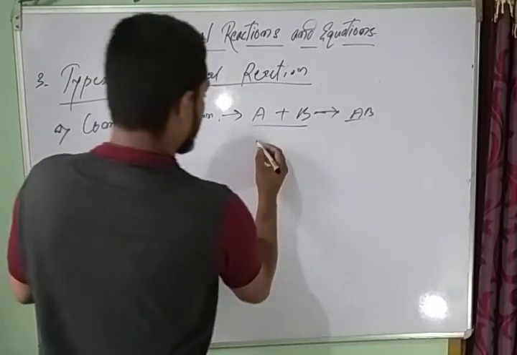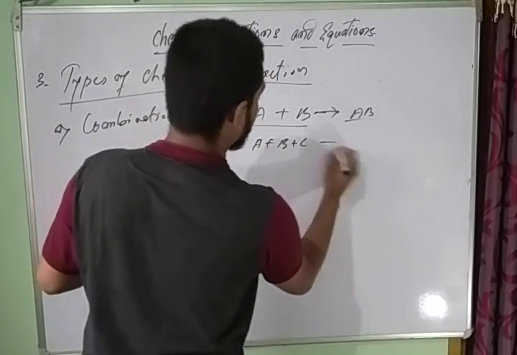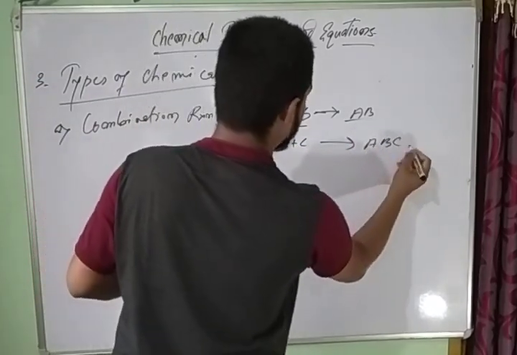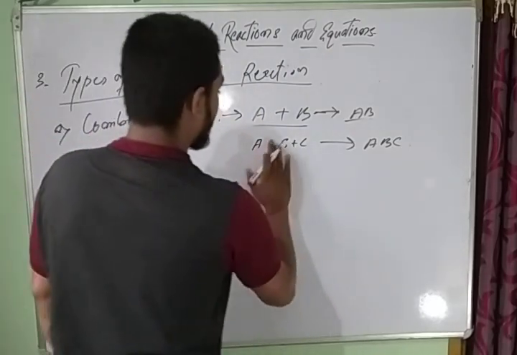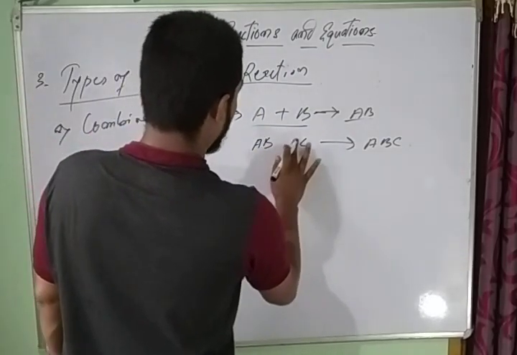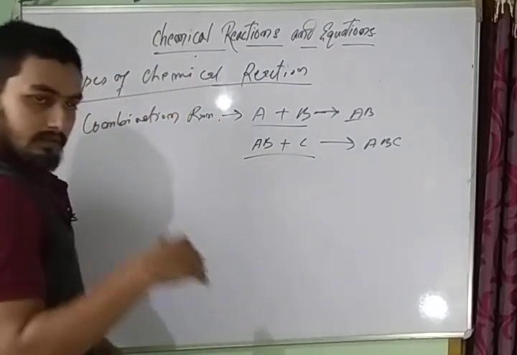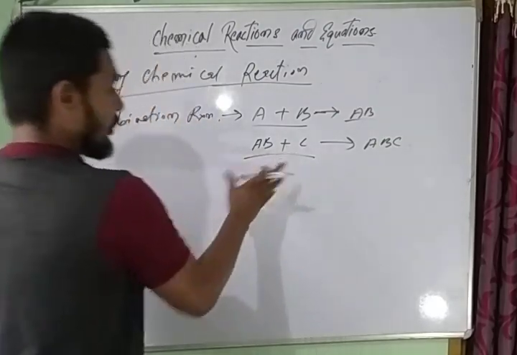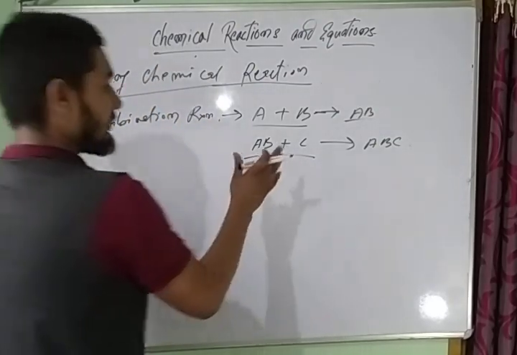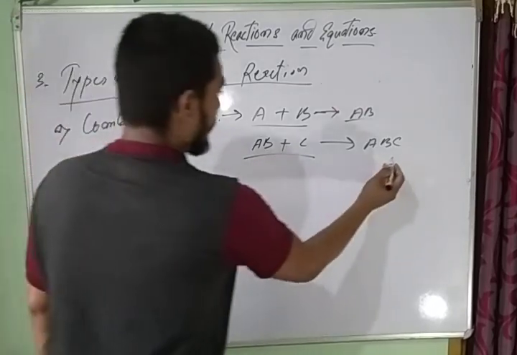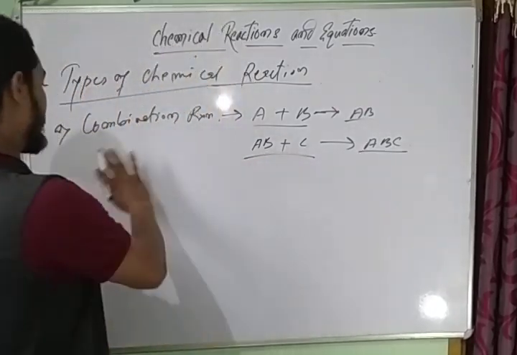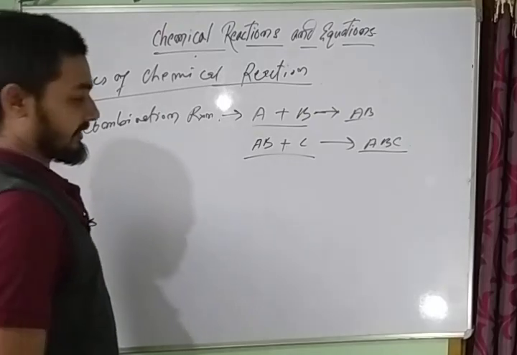It may be like this: A plus B plus C produces ABC, or AB plus C. Simply, when two or more reactants combine together to form one single product, this type of chemical reactions are called combination reaction.